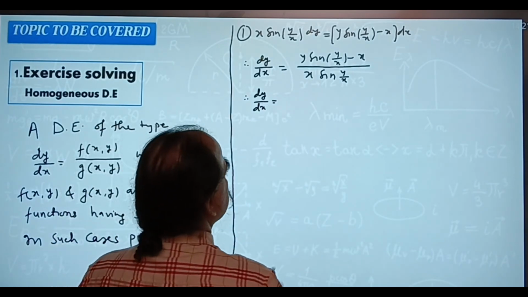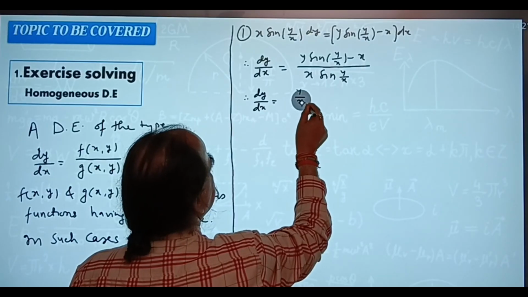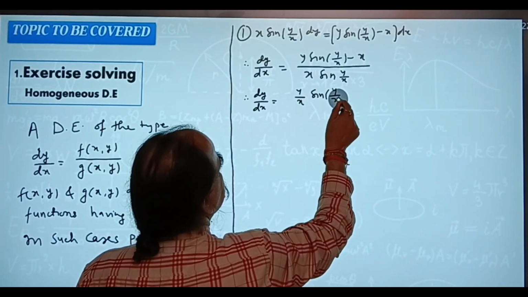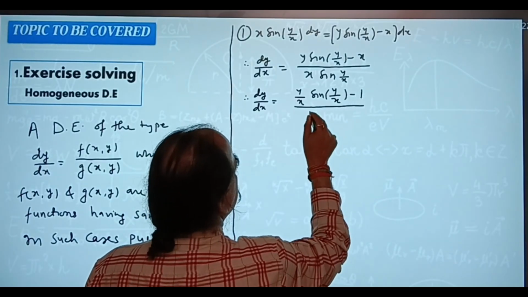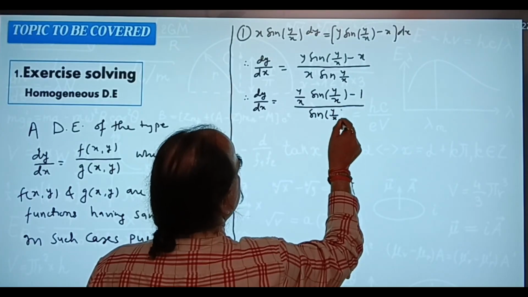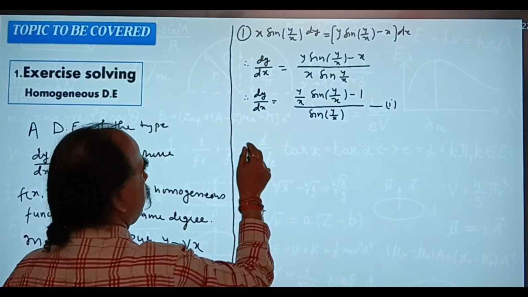So dy by dx is what? This is (y upon x) sin(y upon x) minus 1, divided by sin(y upon x), equation number 1.